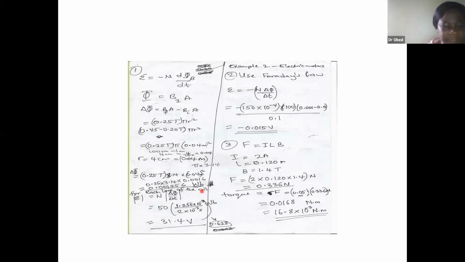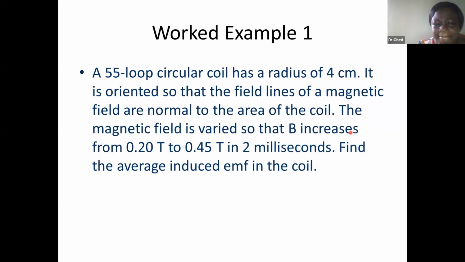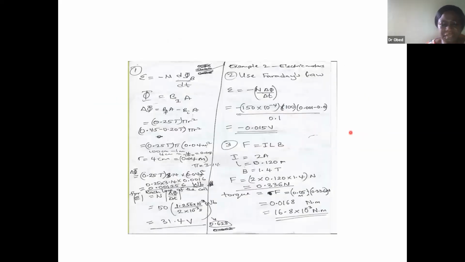So what are you asked to find? You're asked to find the average induced EMF in the coil. Take note of the word average. We go back to that solution.